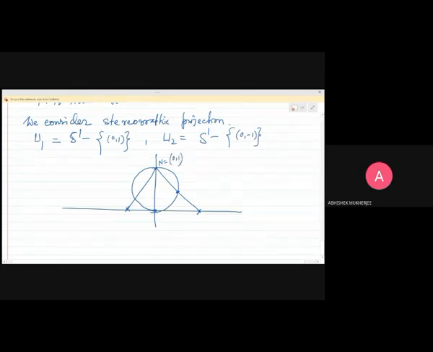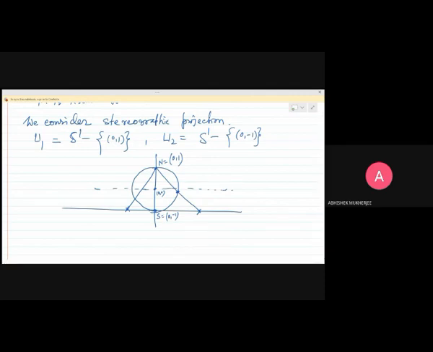And this is 0, and this is the south pole, (0,-1).